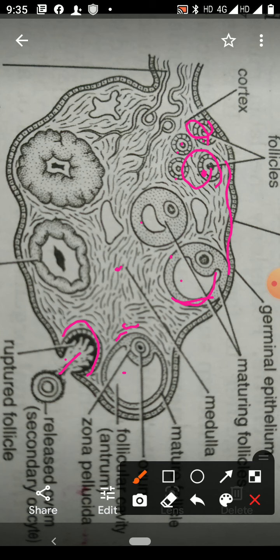This ovum is picked up by the oviducal funnel of the oviduct. The remaining part of the Graafian follicle is converted into a yellow mass, and this yellow mass is called corpus luteum. This corpus luteum secretes progesterone hormone.